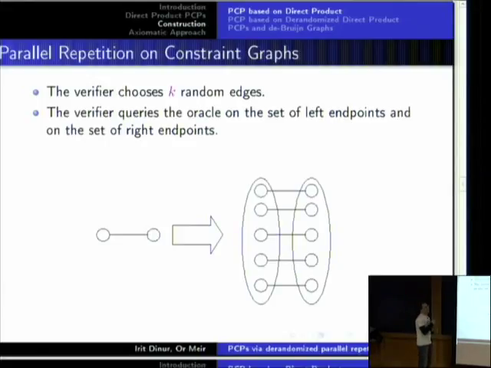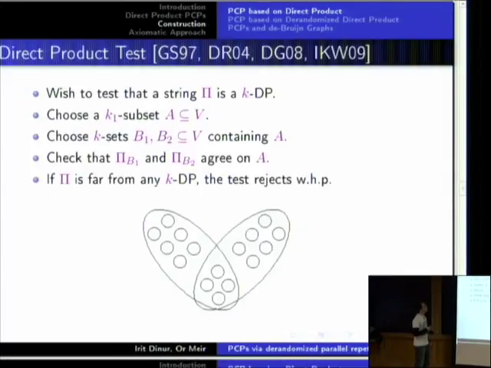So what is the natural, oh, sorry, before that we need to also say what the direct product test is. The direct product test says, given some string pi that we wish to test is a k-direct product, the coordinates of the string correspond to a family of k sets.